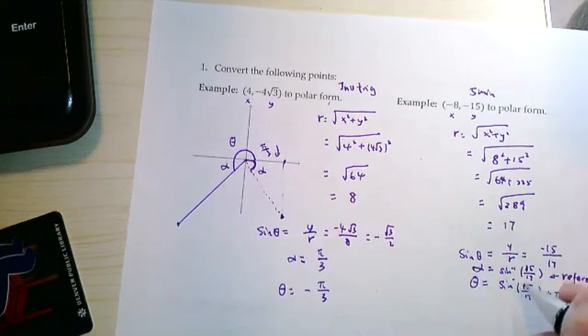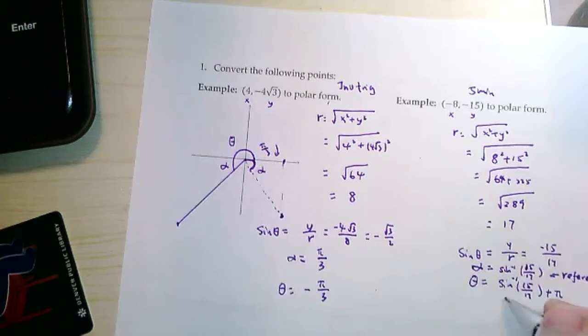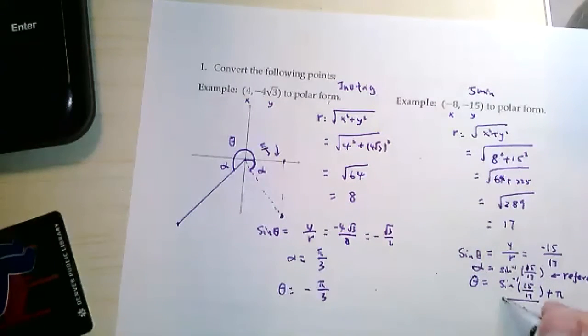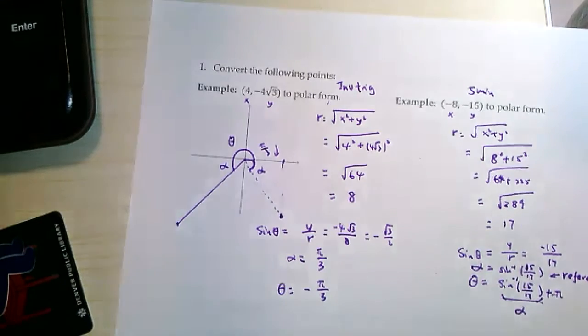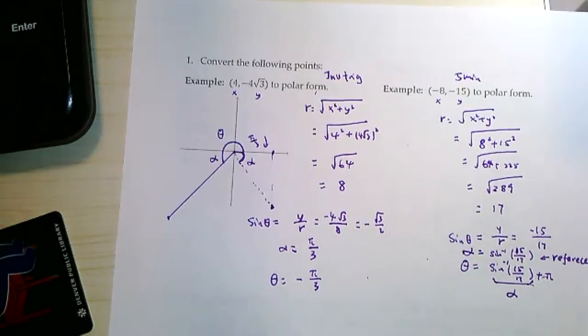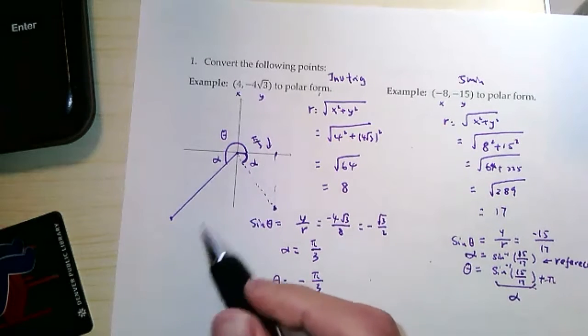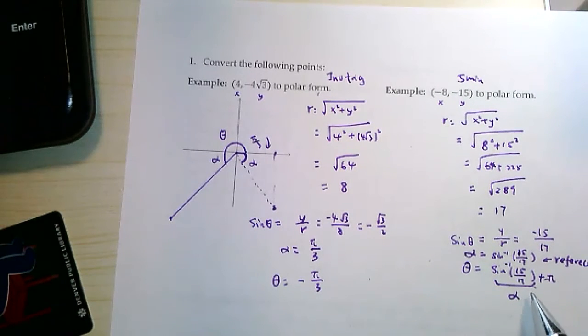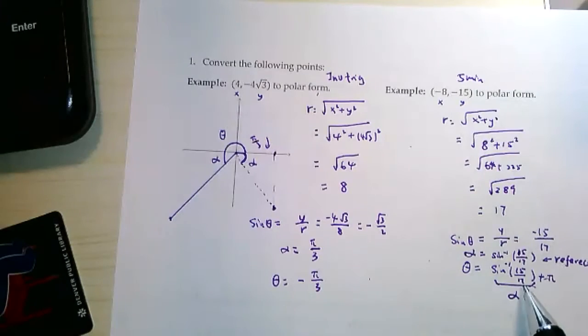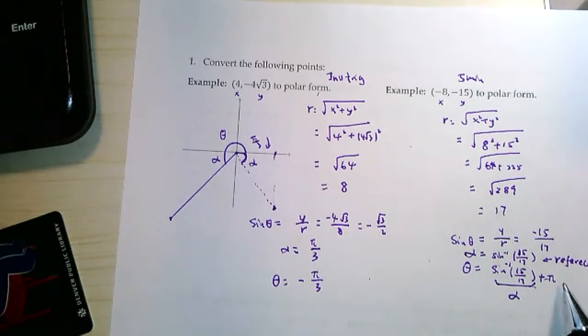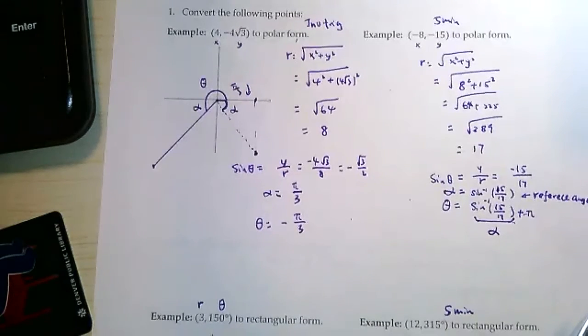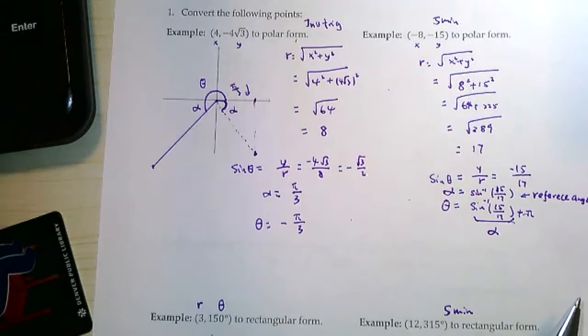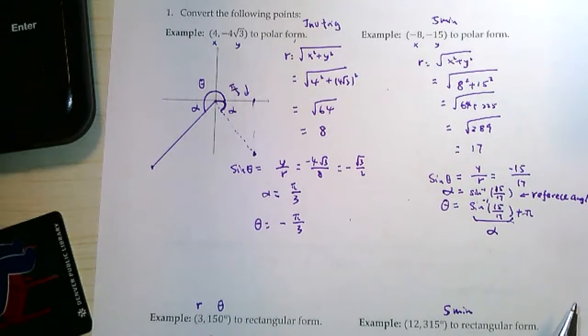So the reference angle plus pi, okay? Be careful, this is just a tricky part. You find the reference angle first, then you go beyond pi. Okay, that's it for this question. Anyone has any question before we continue to the next one?